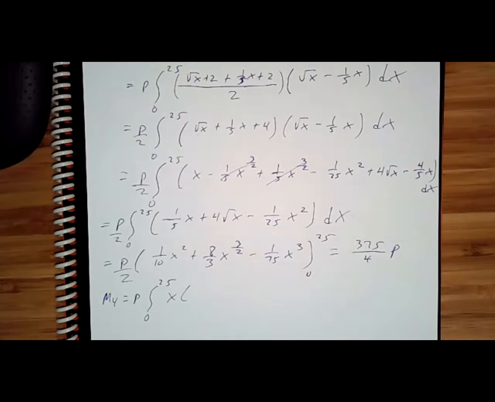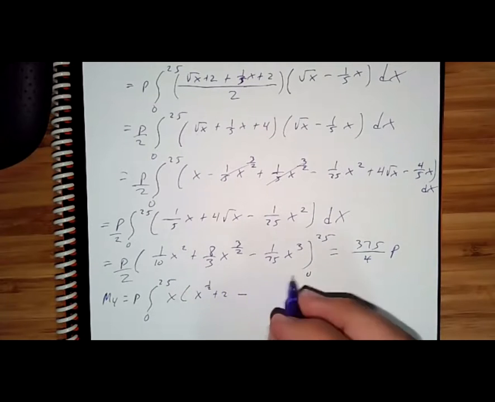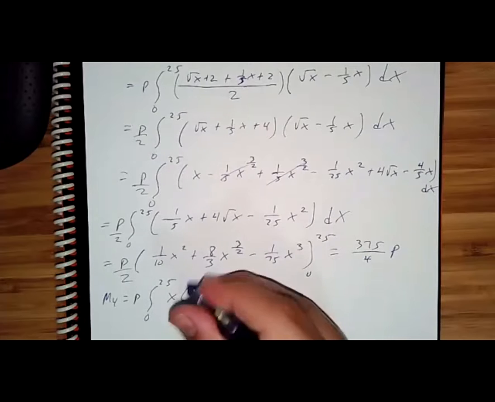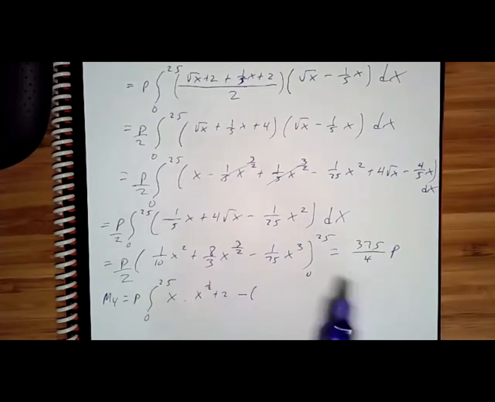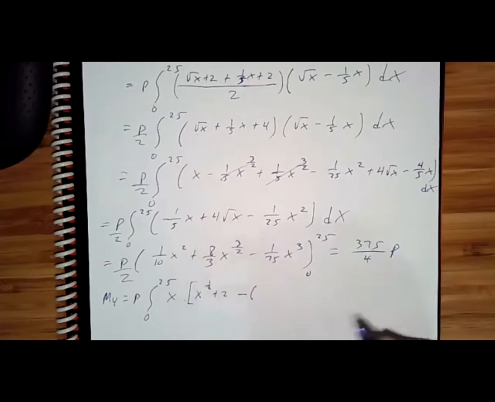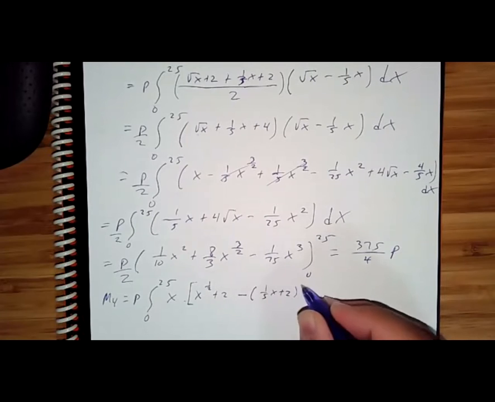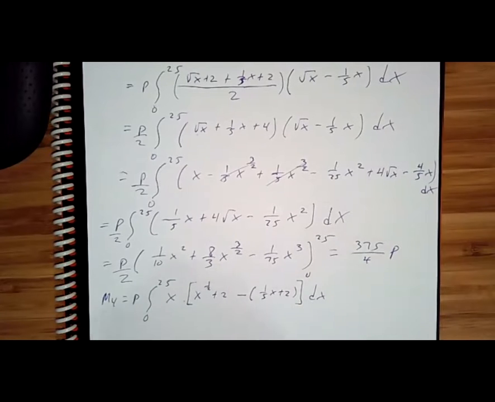So ours will be x to the 1/2 plus 2 minus, where's g? That was 1/5 x, right? Plus 2.